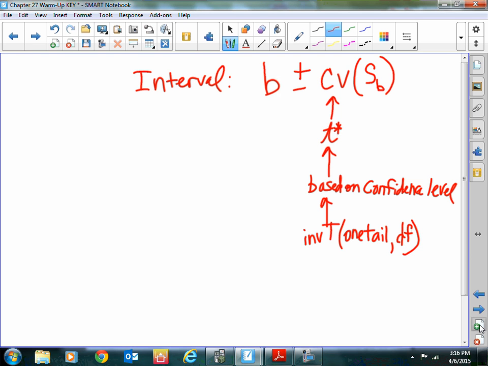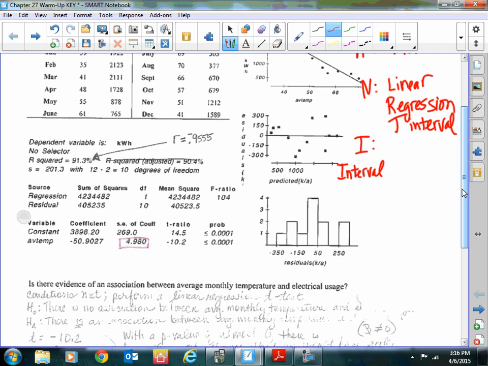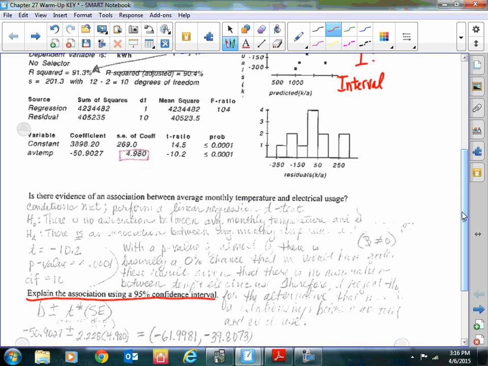All right, so we're going to look over here, and we're going to find those numbers. The slope is this 4.98. Oh, wrong. That's the standard deviation of the slope because it says standard error of the coefficient. The slope is negative 50.9027.